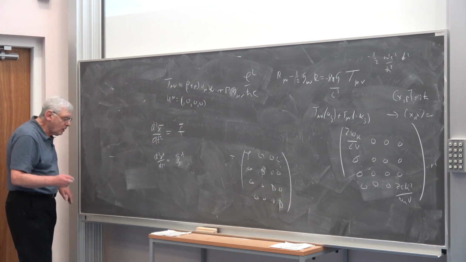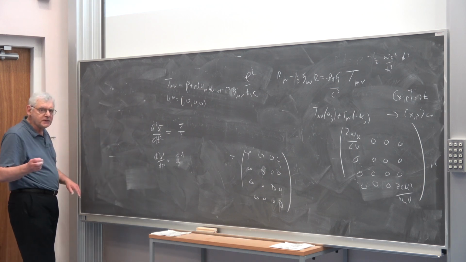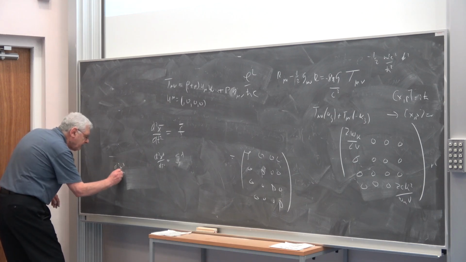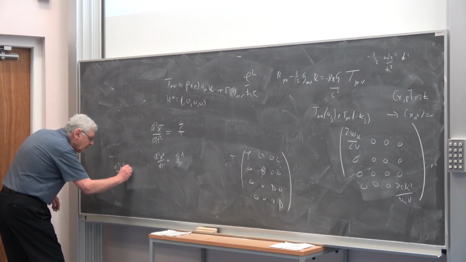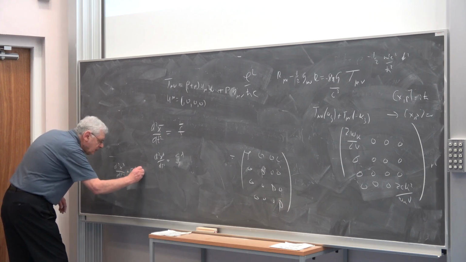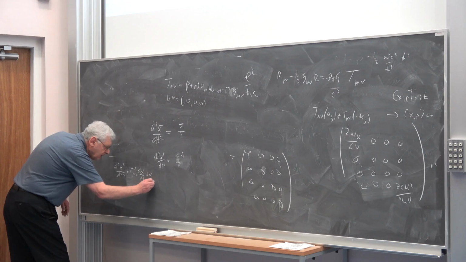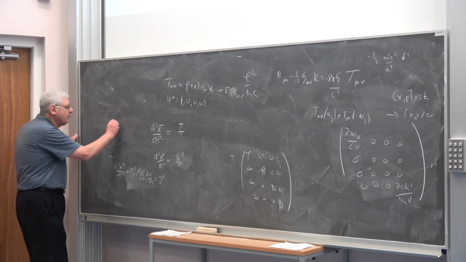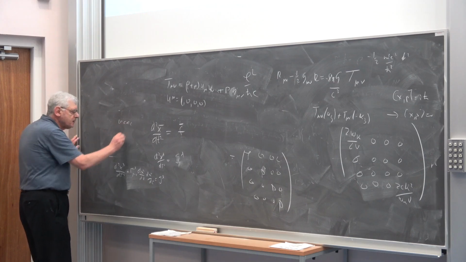Finally, velocity not constant, or accelerating Newton: d2x lambda d tau squared plus gamma lambda mu nu dx mu d tau dx nu d tau is equal to some force g lambda. So this is v very much less than c, but constant.